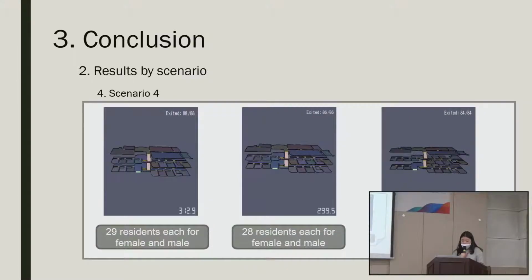In scenario 4, the shortest evacuation time was with 27 male and 27 female residents, and with 29 male and 29 female residents, the evacuation time was over 300 seconds. Thus, the adequate number from floor placement by scenario 4 is 27 male and 27 female residents, so that evacuation is completed within the available time.